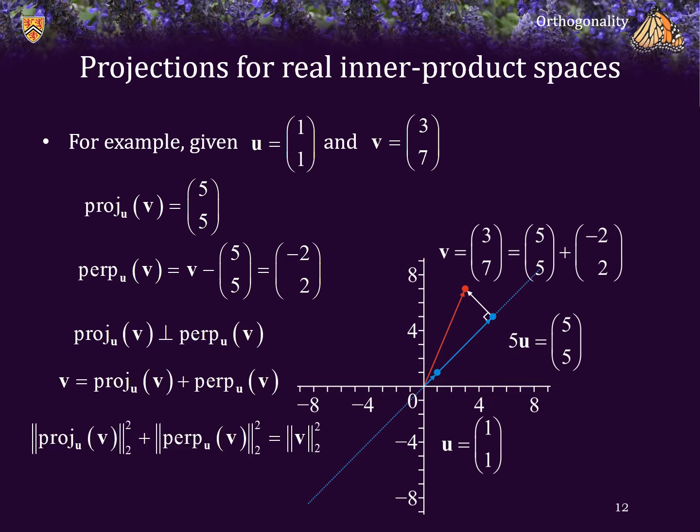So therefore, the 2-norm squared of the projection of v onto u plus the 2-norm squared of the perpendicular component of v mapped onto u is equal to the 2-norm squared of the vector v. And we see that this is indeed true in this case, for the 2-norm squared of the vector (5, 5) is 5 squared plus 5 squared.